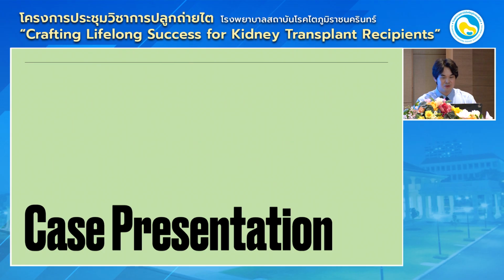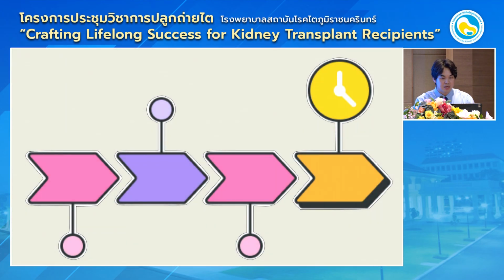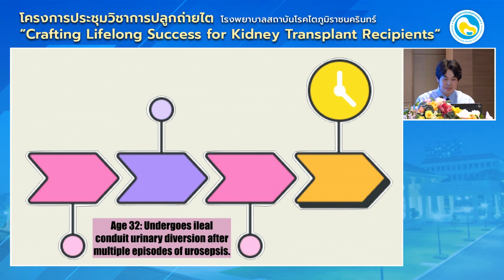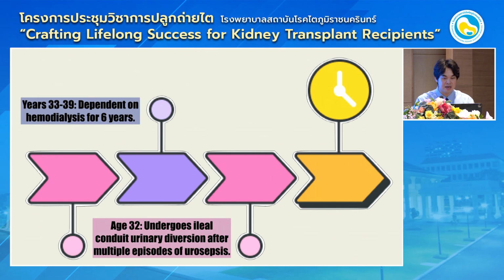Okay, let's look at a case that highlights the breaking point in these procedures. A patient had been dependent on hemodialysis for 6 years following multiple episodes of urosepsis. Subsequently, he underwent ileal conduit urinary diversion at the age of 32.